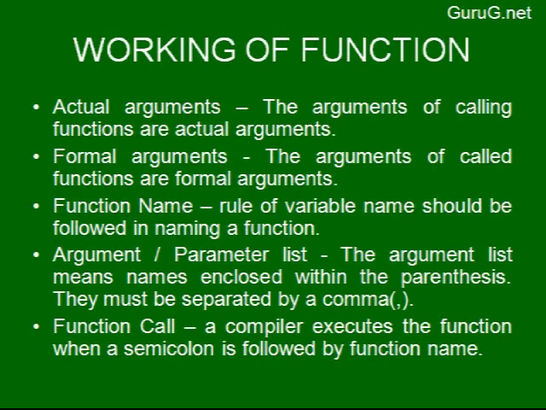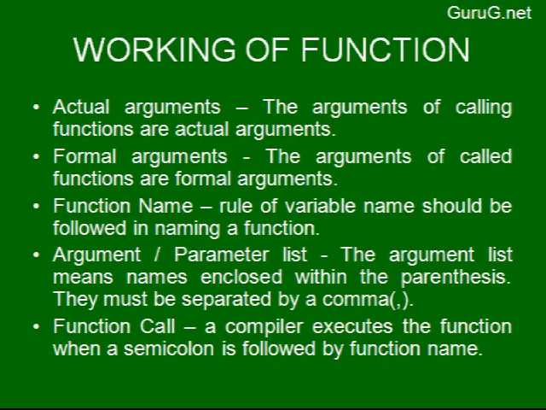Next, function name. We have assigned names for variables, constants, and other tokens. Similarly, function name also follows the rules which we have followed for variable naming. Next, argument or parameter list.